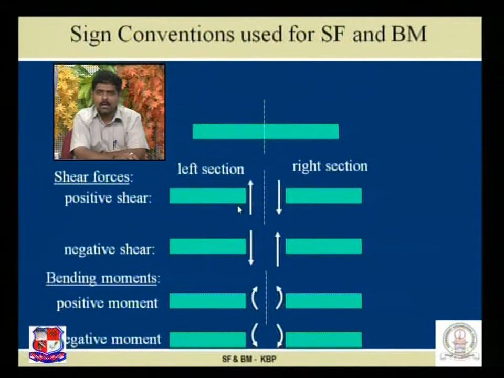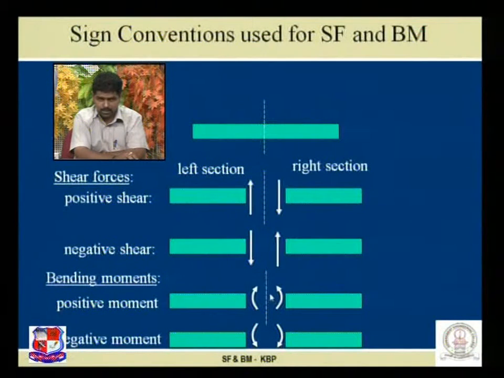Vice versa, for a section having a left part, if the force is acting downward, or for a right part, if the force is acting upward, this is referred to as negative shear force.